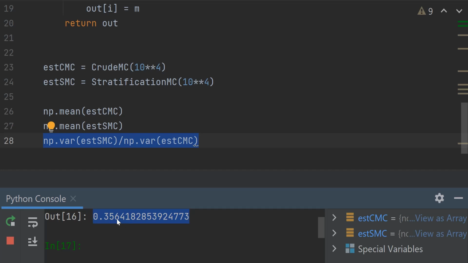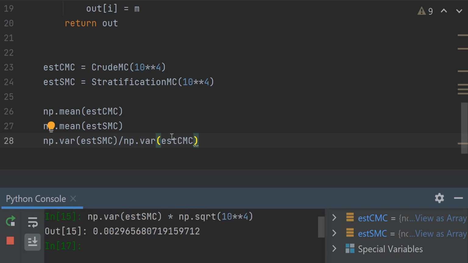And what this means is that this stratified estimator has a variance that is only 35% of the variance of the crude Monte Carlo. And this is only approximative, because this is, of course, the sample variance. But this is the whole point of this method, that I can reduce the variance by 65%.